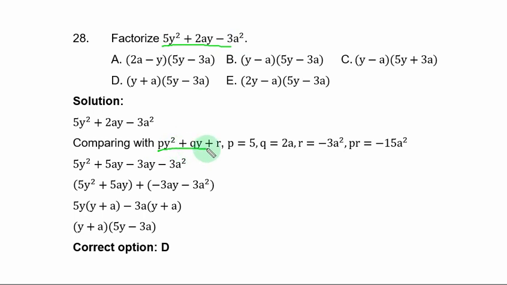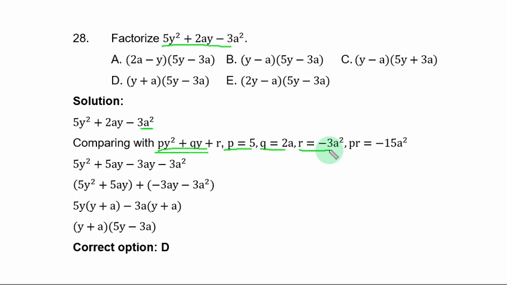Before now, the constants are always a, b, c, but because we have a here, to avoid confusion, I'm using p, q, r, and the variable is y. So when you compare, p is equal to 5, coefficient of y squared, q is 2a, coefficient of y, and r is minus 3a squared, the constant term.